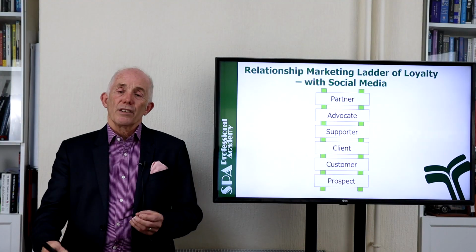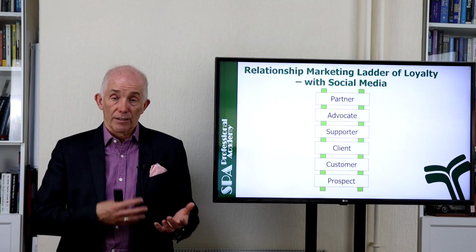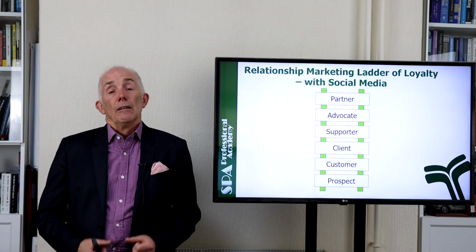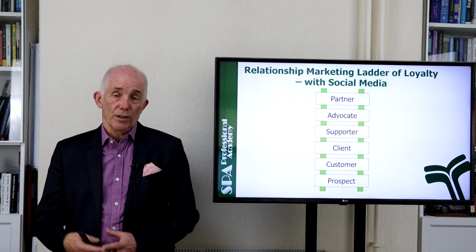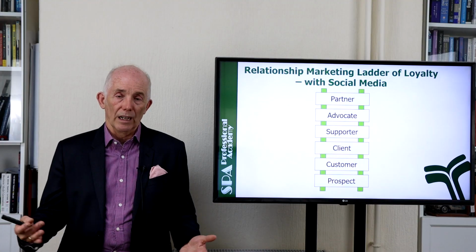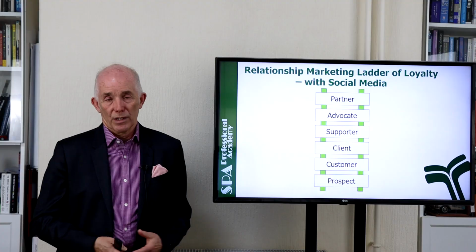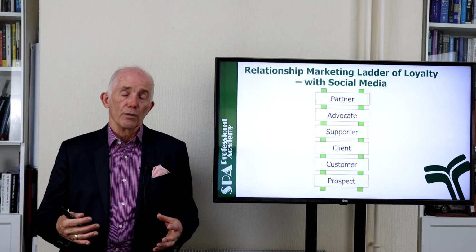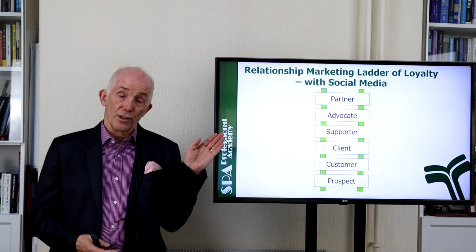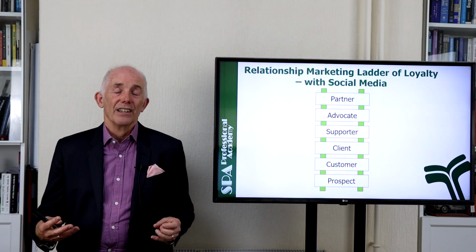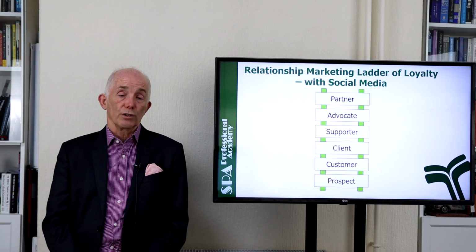But I want to come back to the ladder of loyalty as defined originally by Christopher et al. And in the introduction I said about how maybe we need to think about it 20 odd years later than when it was originally defined in 2002. Because the one thing that has really changed in relation to the ladder anyway is the advent and mass use of social media.